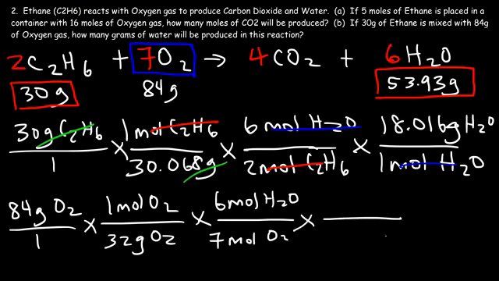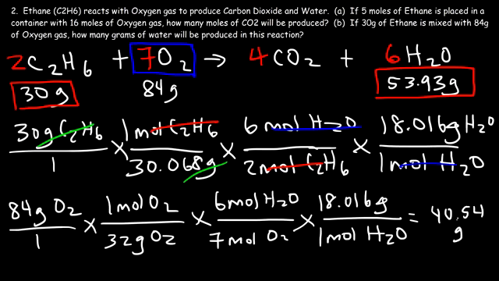And then let's convert moles to grams. We already have the molar mass of H2O. It's 18.016 grams. So let's do the math. It's 84 divided by 32 times 6 divided by 7 times 18.016. So the answer that I have is 40.54 grams of water.